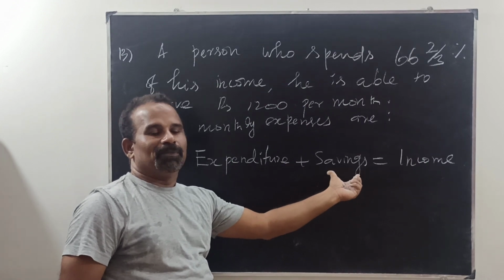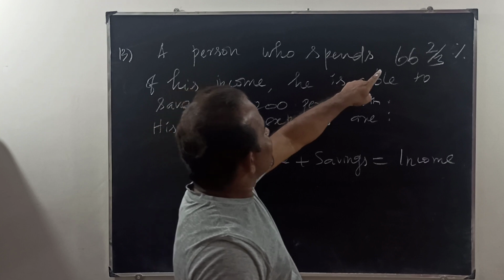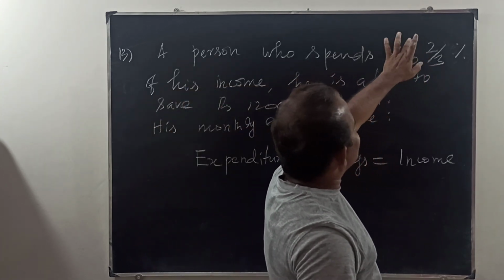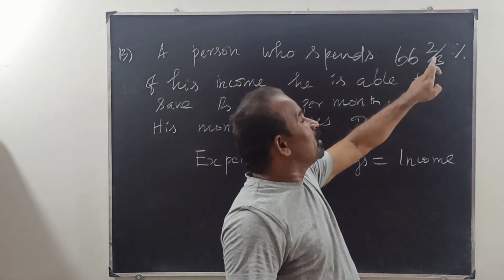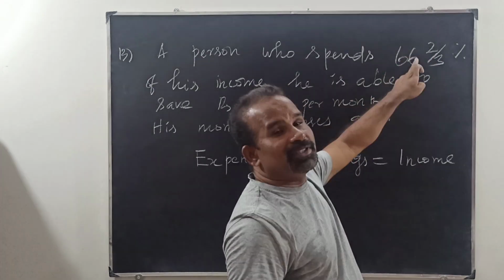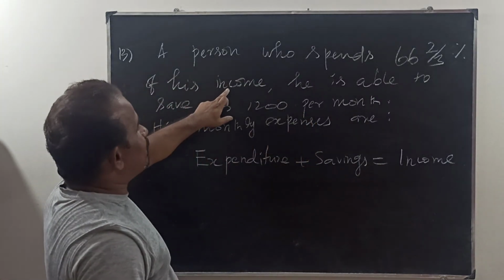That's all. Okay. Here, a person who spends 66 2 by 3, this is nothing but 2/3 of his income.